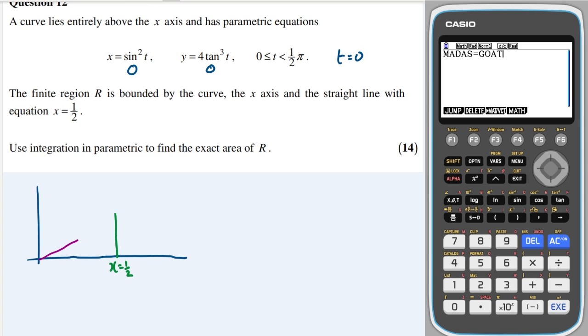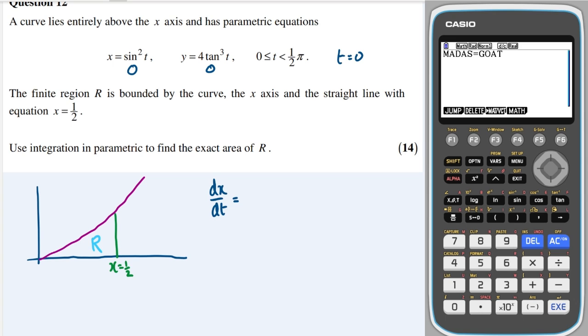So from that, it doesn't really matter what the graph does, because this is the region which we're going to calculate, and we're going to do that via integration between the limits of 0 and x equals 1/2. Okay, so what we need for parametric integration is we need dx by dt.